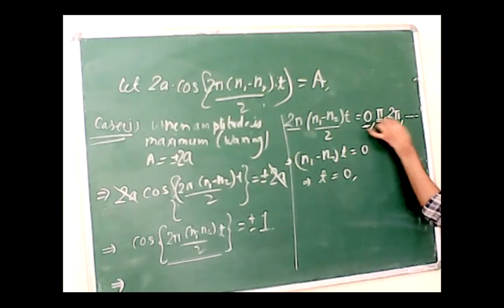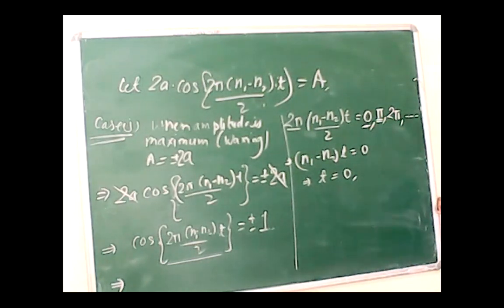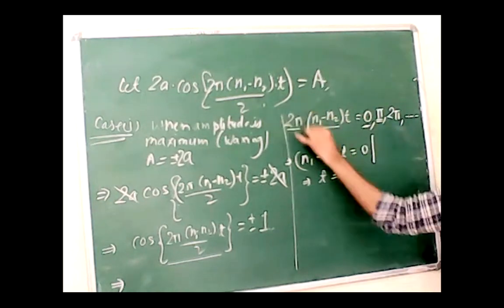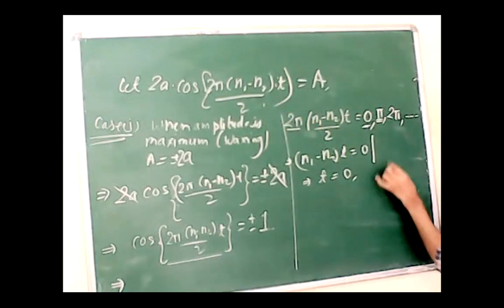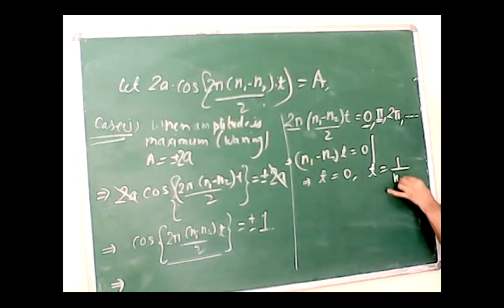For the next term, if I compare with pi, this pi gets cancelled, this 2 gets cancelled. Okay, so you will get t equal to 1 upon n1 minus n2.